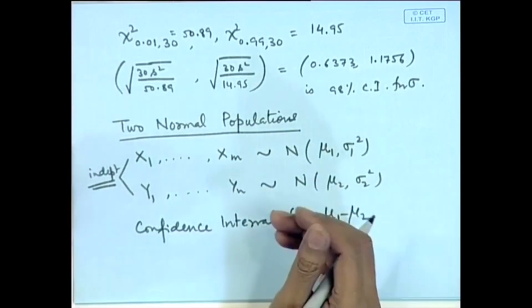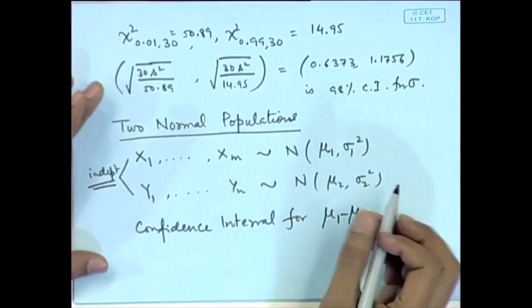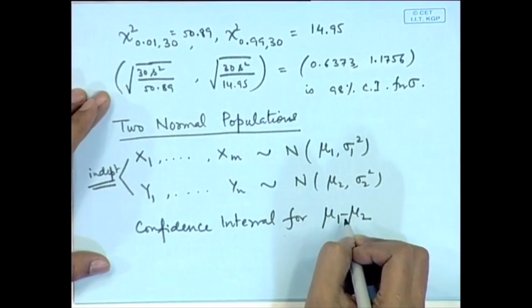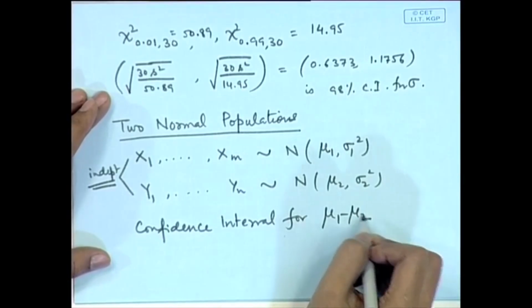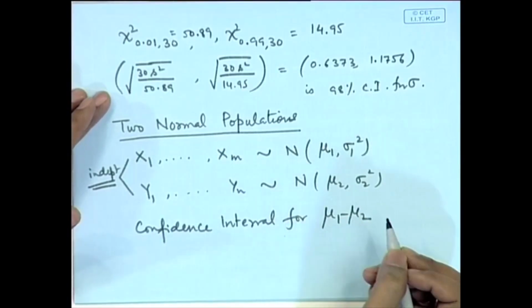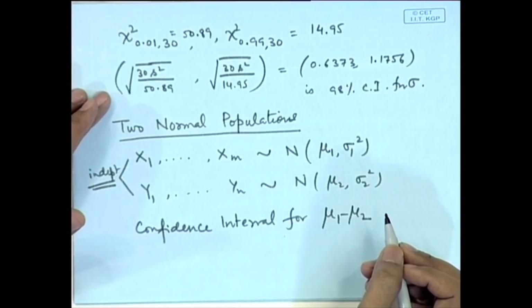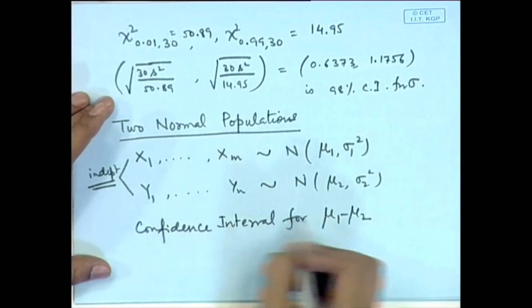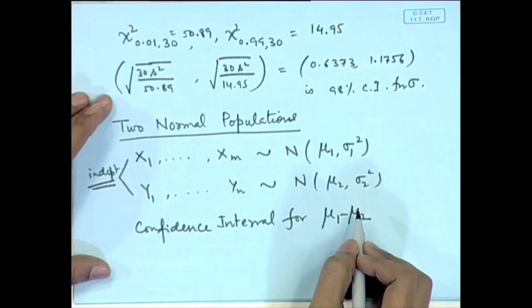The sampling is done independently. It means that the patients on which the drugs have been applied, they are different groups, and then differently we are interested to compare the effectiveness of the two, that is what is the difference between mu 1 and mu 2. So, an important problem is to look at the confidence interval for mu 1 minus mu 2.